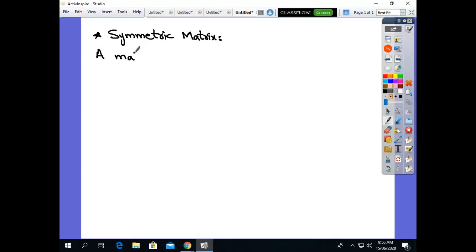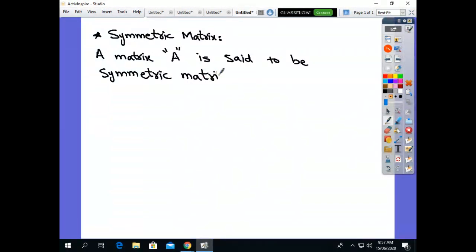A matrix A is said to be symmetric matrix if A transpose is equal to A. Any matrix is said to be symmetric matrix if the transpose of the matrix is equal to the same matrix.